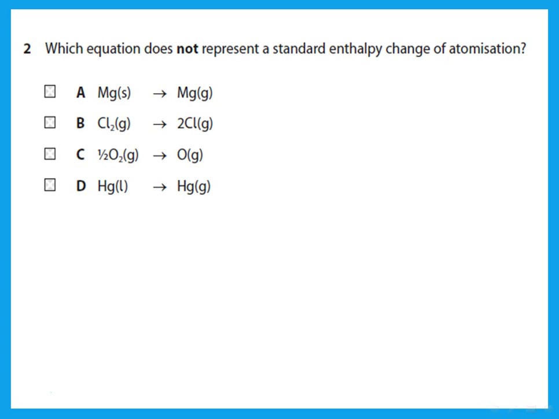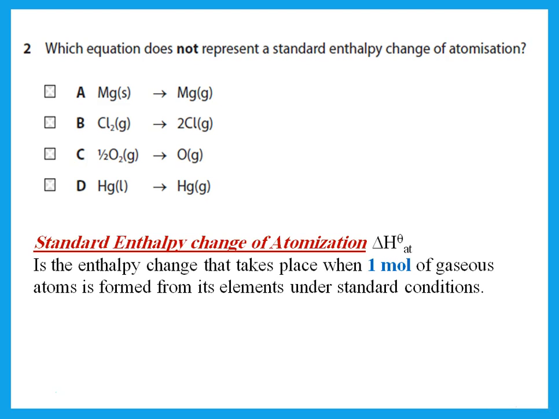The next question is saying which equation does not represent a standard enthalpy change of atomization. Now, we need to remember what is the standard enthalpy change of atomization. It is the enthalpy change that takes place when 1 mole of gaseous atoms is formed from its elements under standard conditions.